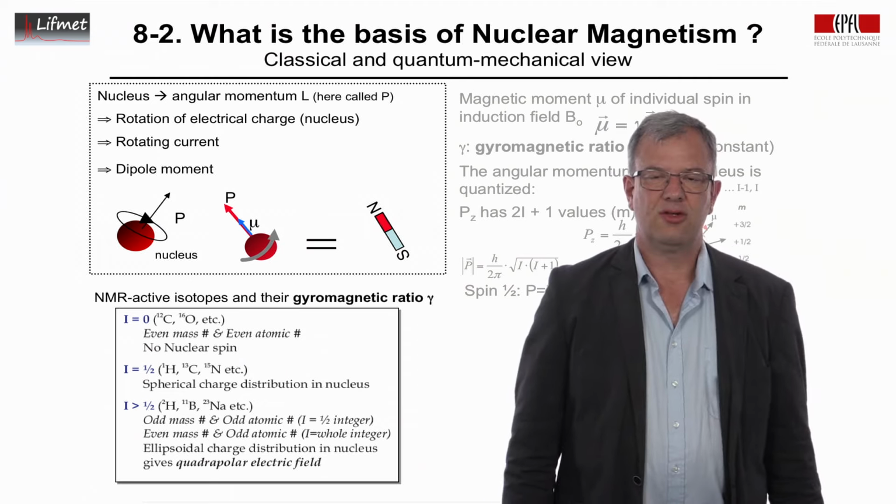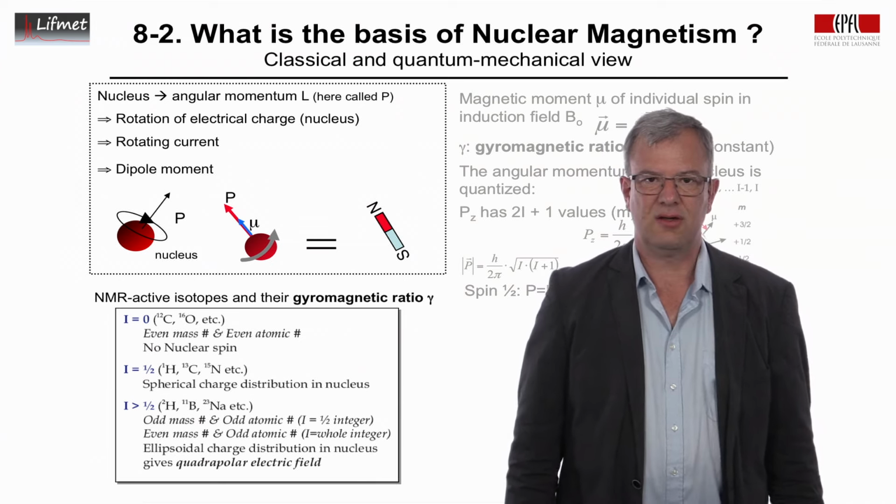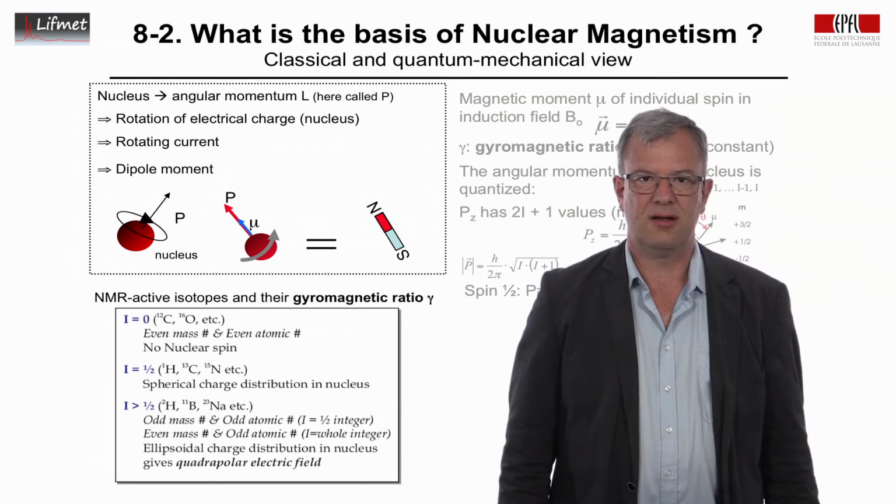They generate within the nucleus an electric field, a so-called quadrupolar electrical field. They typically have distinctly different properties than the spin 1/2.